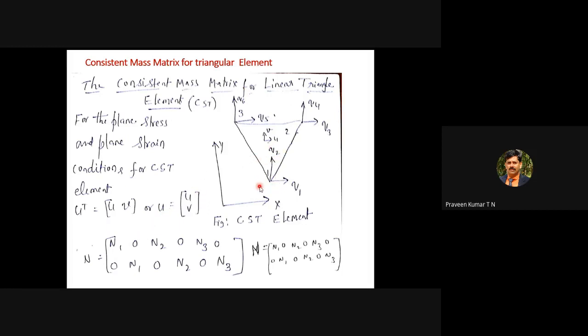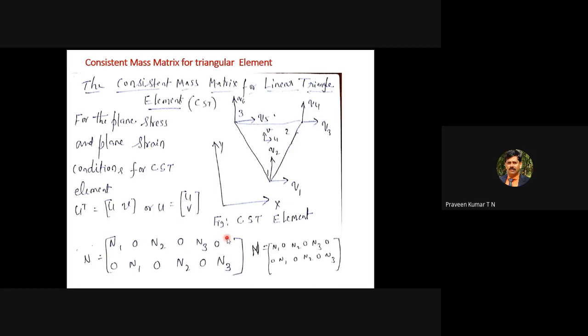Three DOF along the x direction and another three DOF along the y direction. The x direction DOFs are q1, q3 and q5, and the y direction DOFs are q2, q4 and q6. Hence the order of the N matrix is 2 by 6. The order of the shape function matrix or interpolation matrix is 2 by 6.